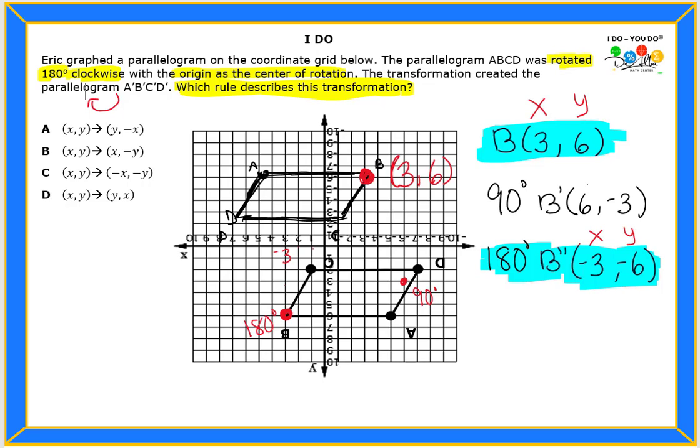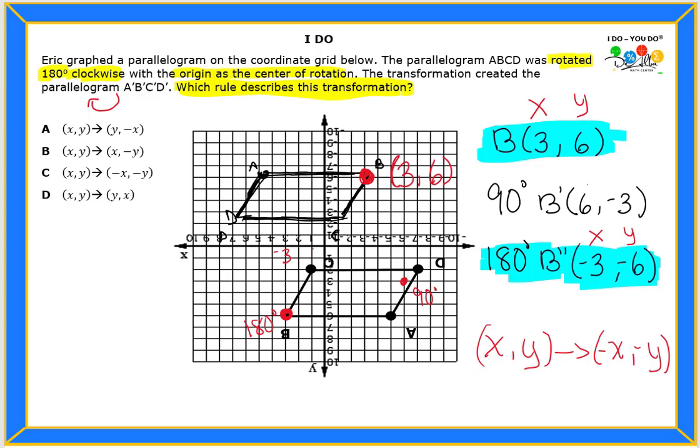So I can easily describe the rule for 180 degrees. If my coordinates are X and Y, they're going to stay X and Y, but both of them will be multiplied by a negative number.